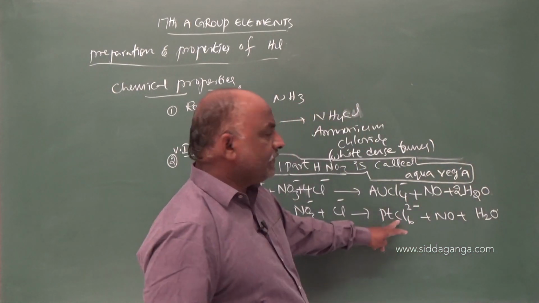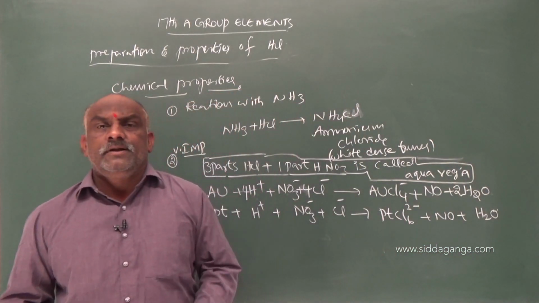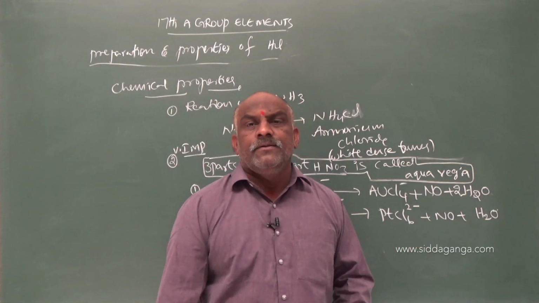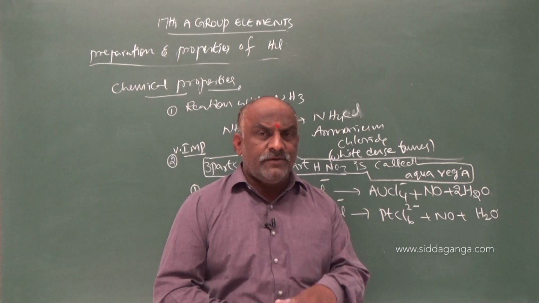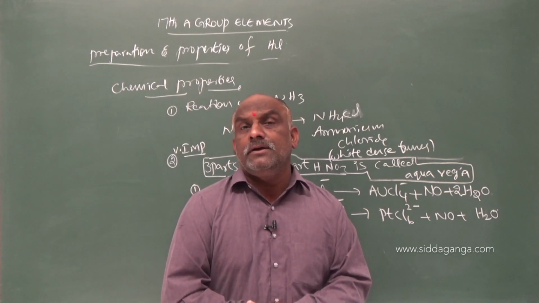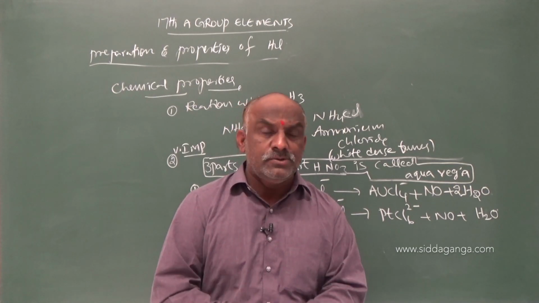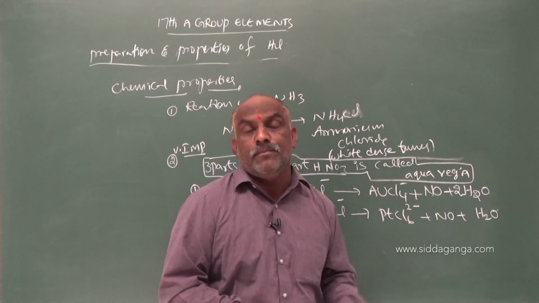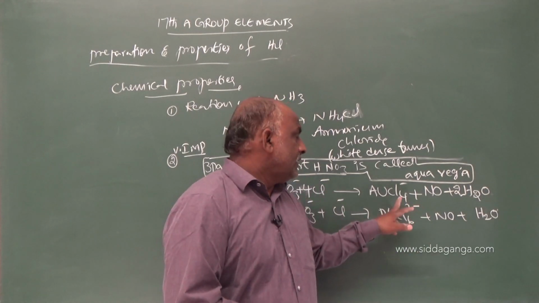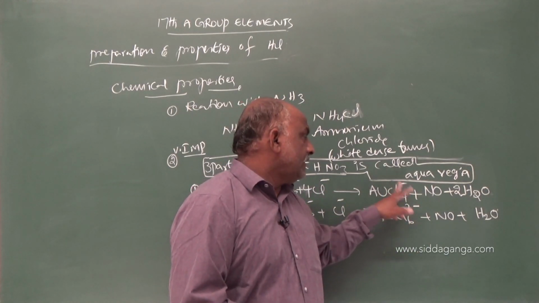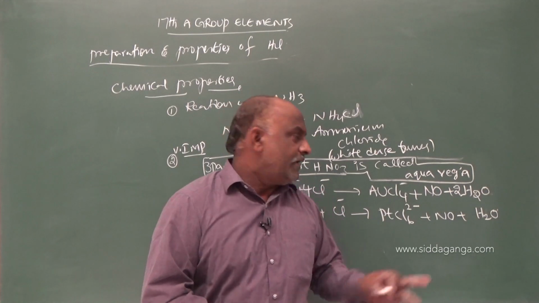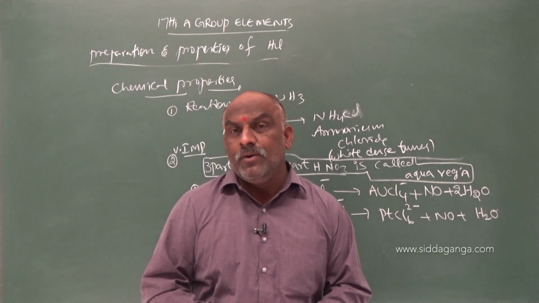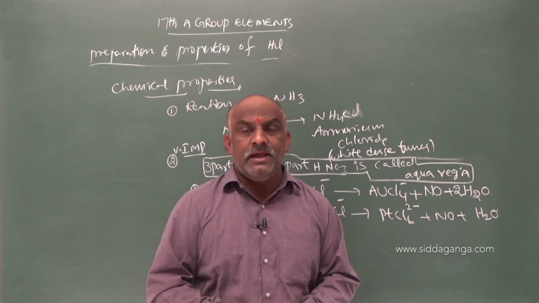This compound is also said to be a complex compound, hexachloridoplatinate(IV). Once you complete complex compounds, coordination compounds, you will get the idea about the naming of these compounds. Tetrachlorido(III), hexachloridoplatinate(IV). Clear it is.